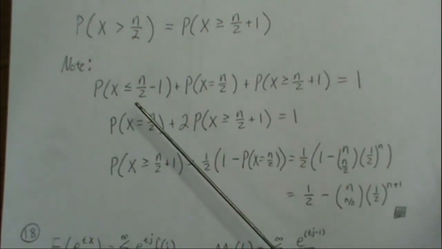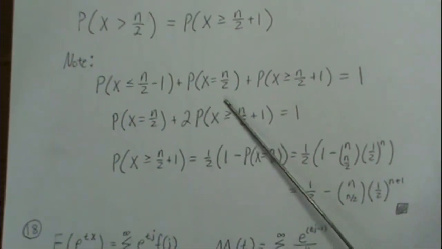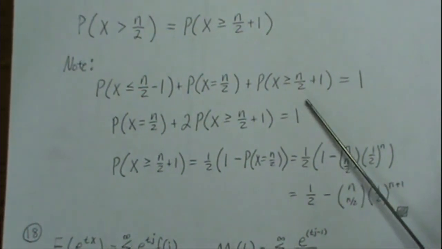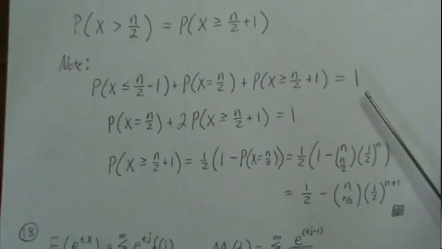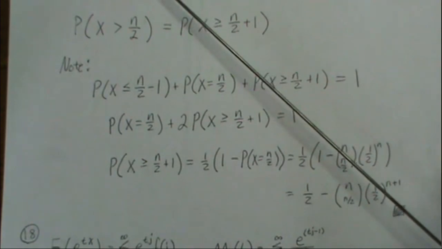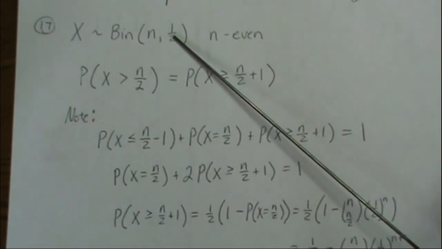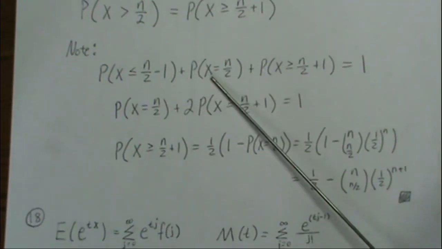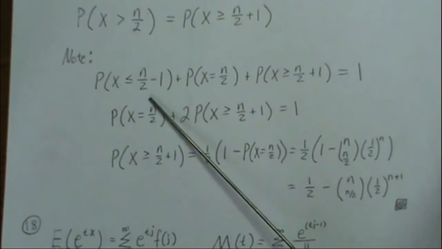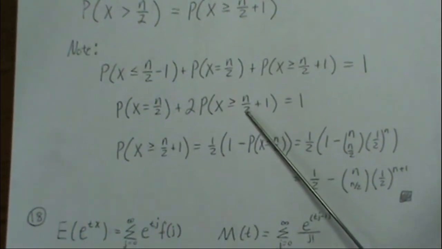So the probability that X is less than or equal to n/2 minus 1, plus the probability that it's equal to n/2, plus the probability that X is greater than or equal to n/2 plus 1, has to be 1. Since p is 1/2, we're symmetric about n/2, so this probability is equal to this probability, and we can combine those into 2 times.